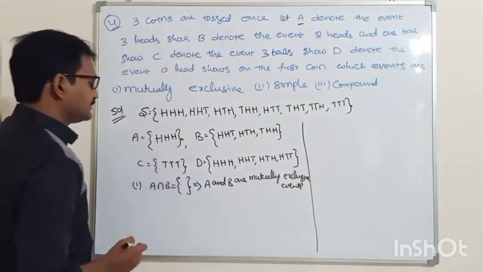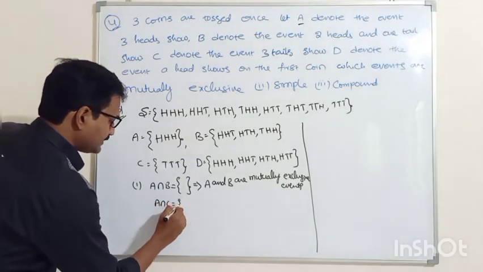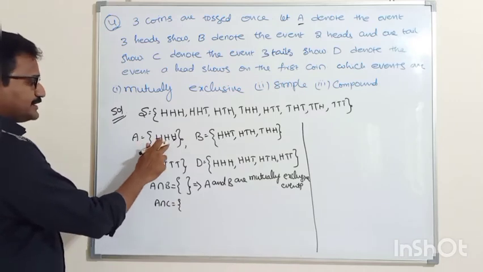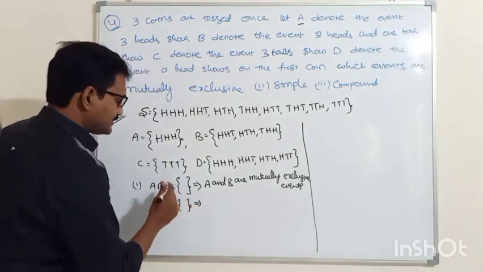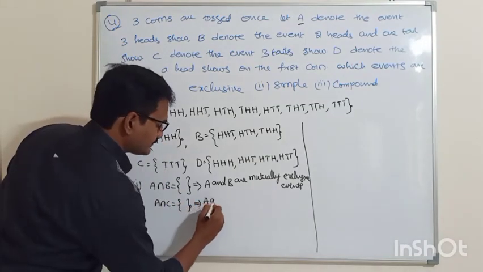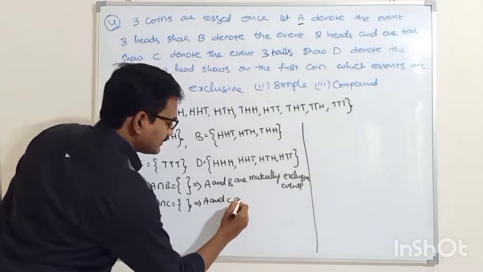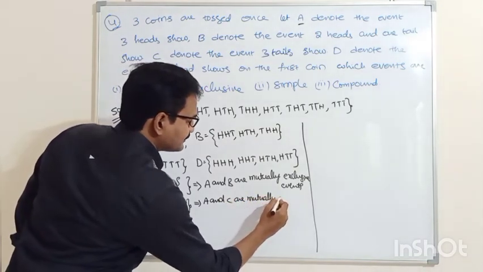Next, A intersection C. A is triple H and C is triple T. So this is also a null set. There is no common element between A and C. Therefore, A and C are mutually exclusive.